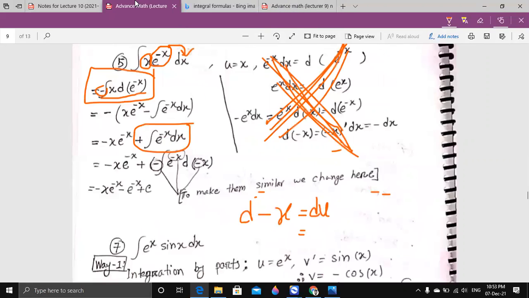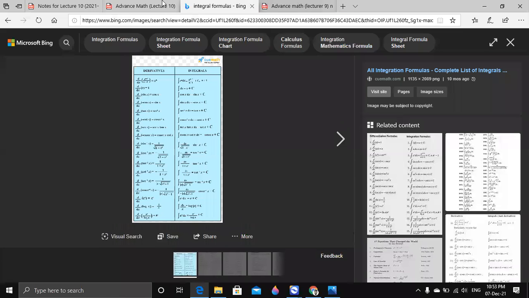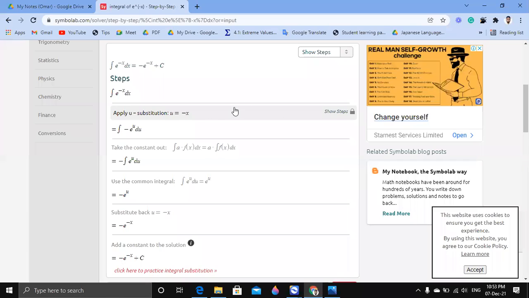That's why we have to use the substitution rule. So here you let it be minus x, only minus x. And then we differentiate on both sides. U is equal to minus x and we differentiate on both sides.